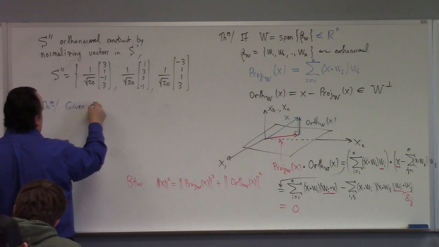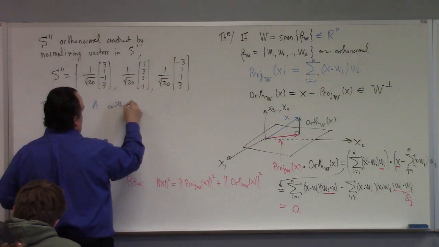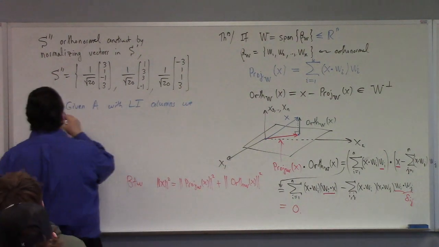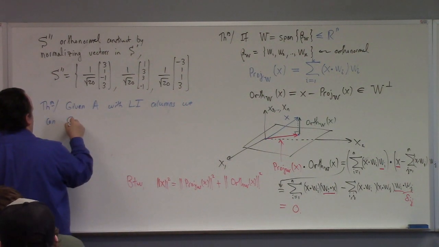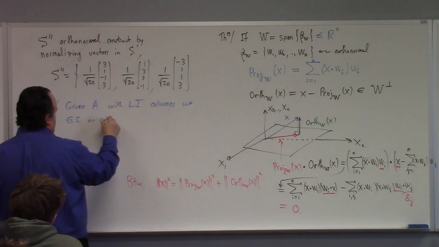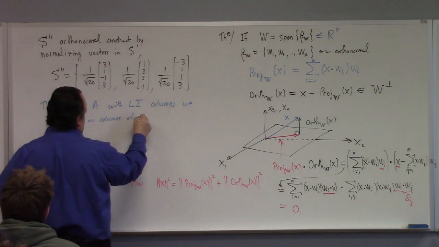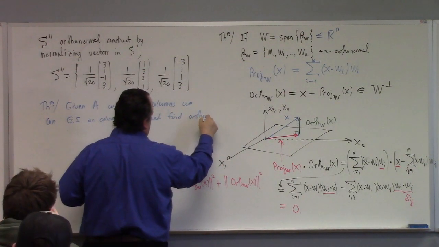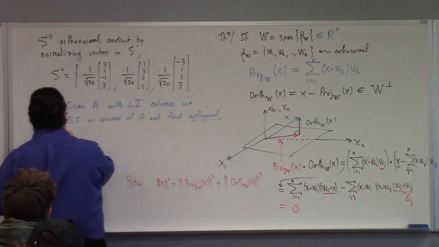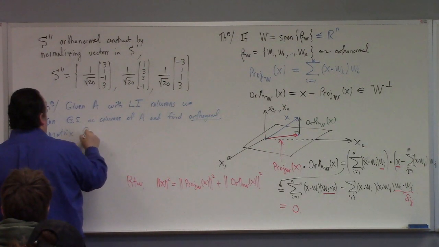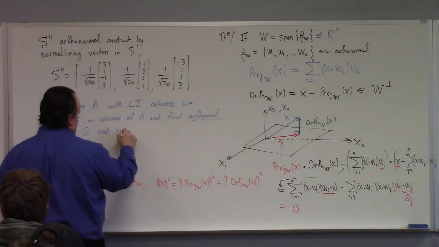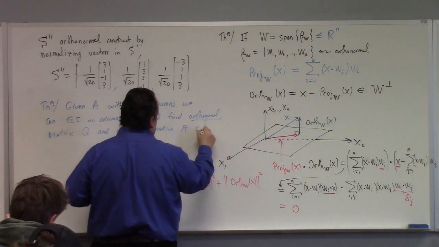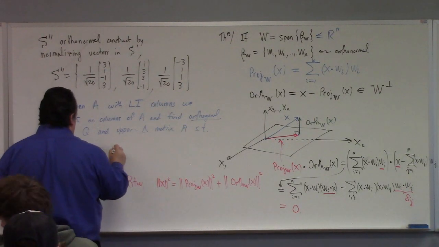Given A with linearly independent columns, we can do Graham-Schmidt on the columns of A and find orthogonal matrix Q and upper triangular matrix R such that A is equal to QR.